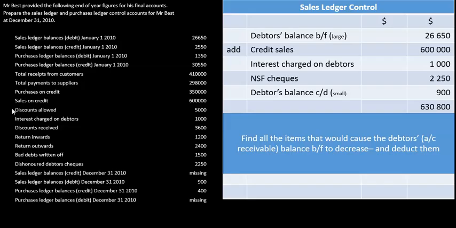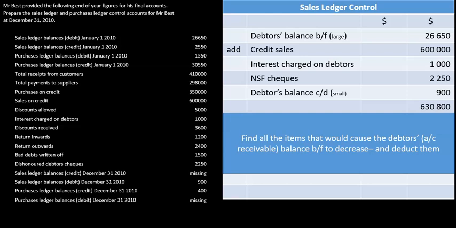Also, if the debtors had been allowed a discount, so discounts allowed, or if they had returned some of the goods, all right, or also if some of those debts were written off because you did not expect that these people are going to pay you, so you have bad debts written off.